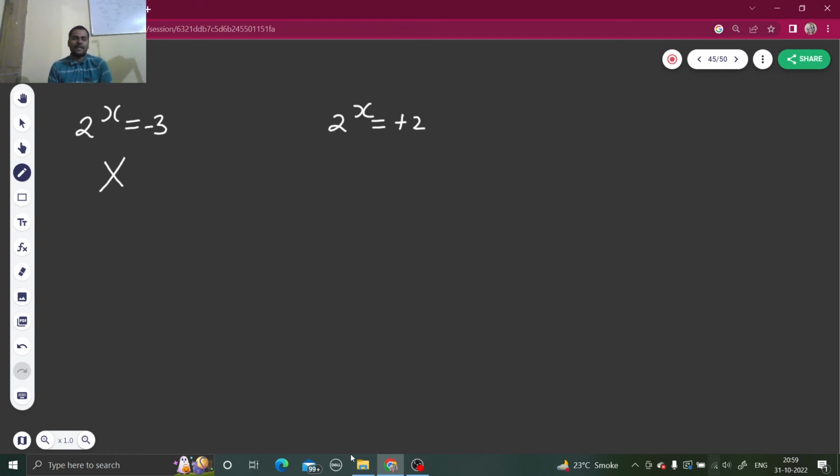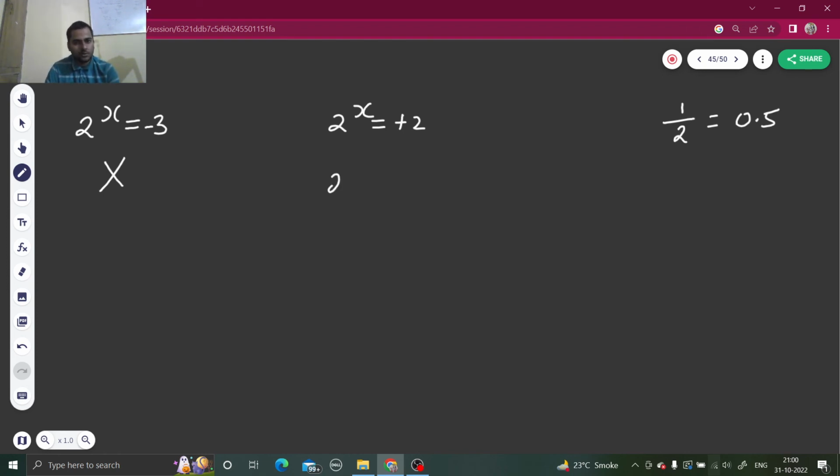And when it comes to negative powers, 2 power minus 1 is nothing but 1 upon 2, that is 0.5. So when you keep increasing the negative powers, the value keeps decreasing, but it will never decrease so much that it becomes negative. So this case is neglected.